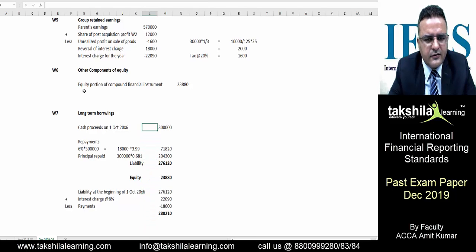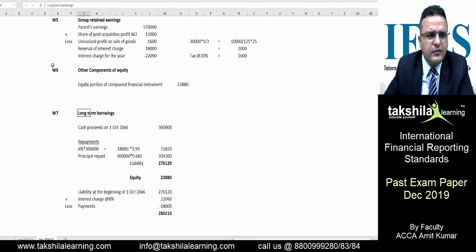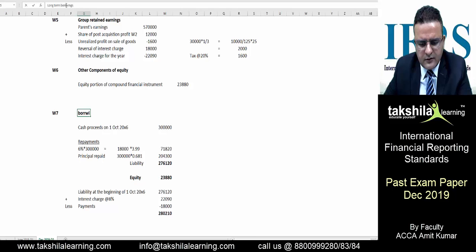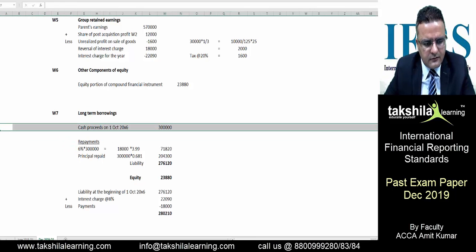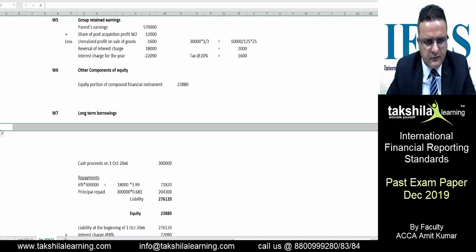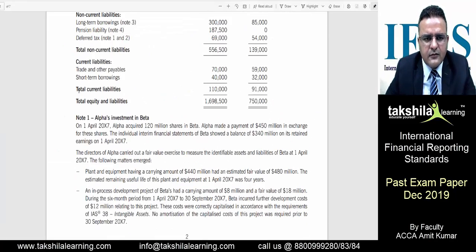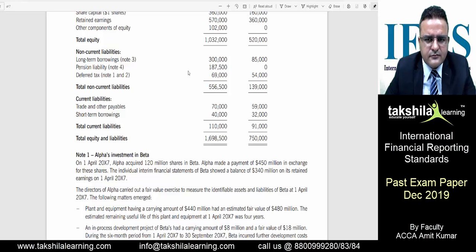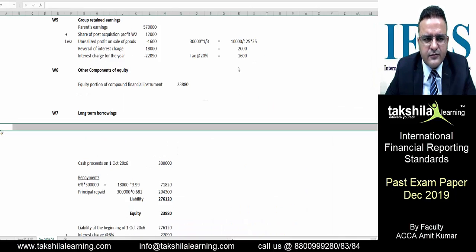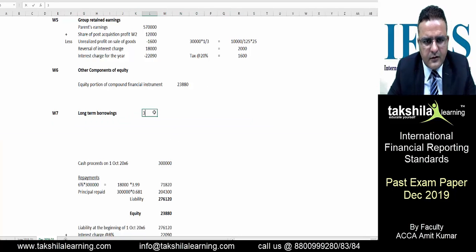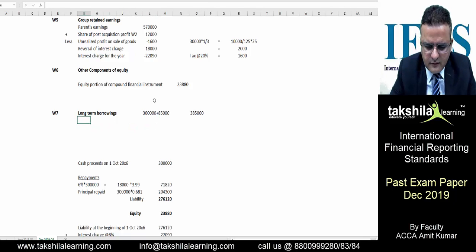The long-term borrowings, which are to be presented as part of the balance sheet: long-term borrowings, 300,000 plus 85,000, plus compound financial instrument.